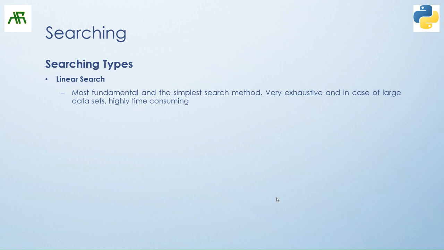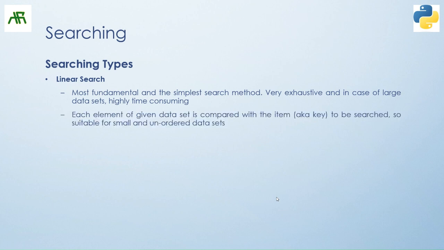So every element in the target data set is compared, and when it is identified, it's going to return the result or consider that the search is unsuccessful. This is suitable for small data sets, as I said earlier. For large data sets, it's going to be highly time consuming and will not be very useful.